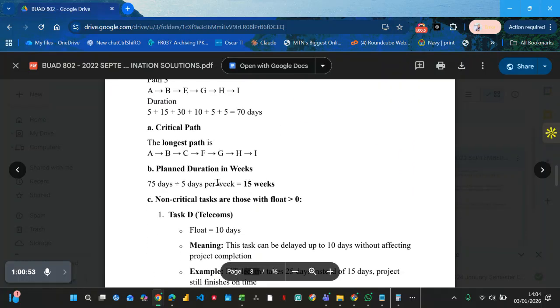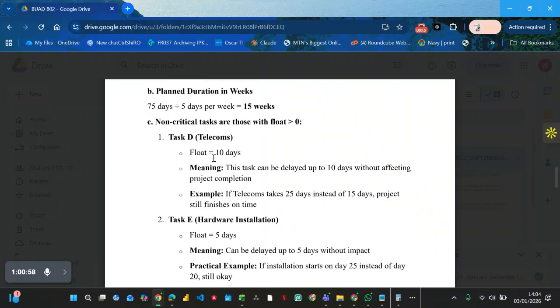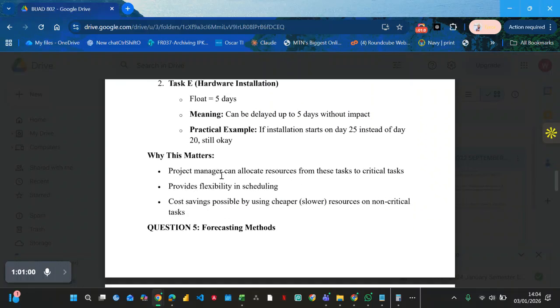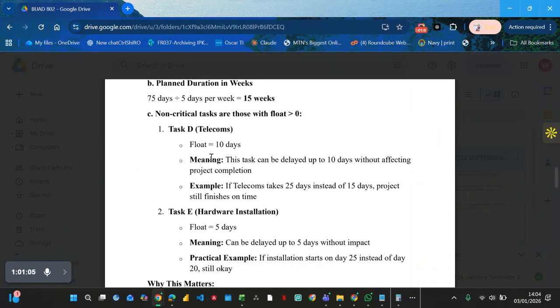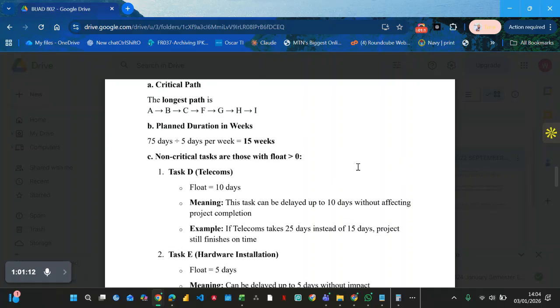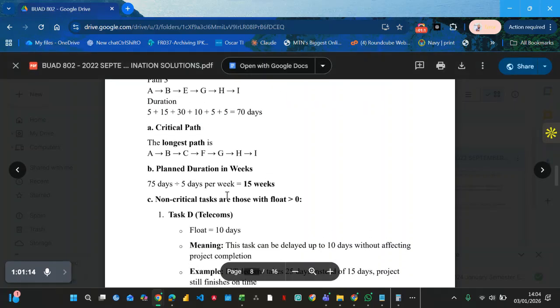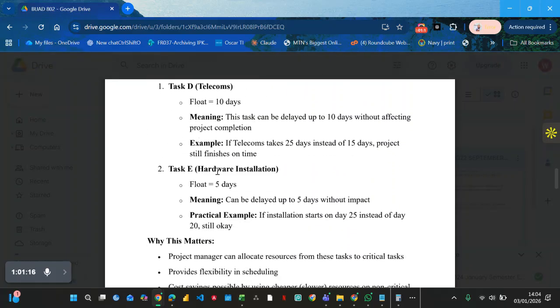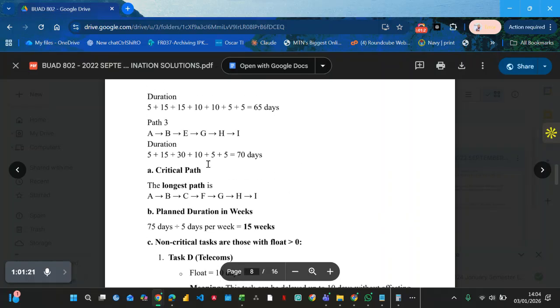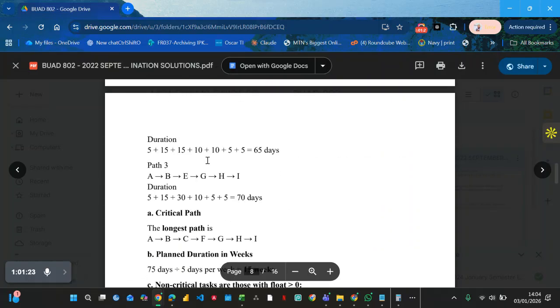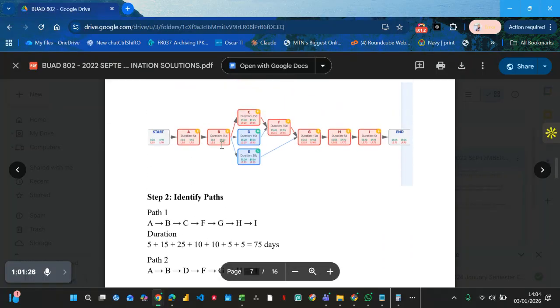Okay. If you look at this question, we have our critical path, which is this one. We need to get our slack time, and the question asks us to find the slack time. The meaning of this is a task that can be delayed up to 10 days without affecting the project, because when we calculated the time, it gave us 10 days. I think we solved this question on YouTube.